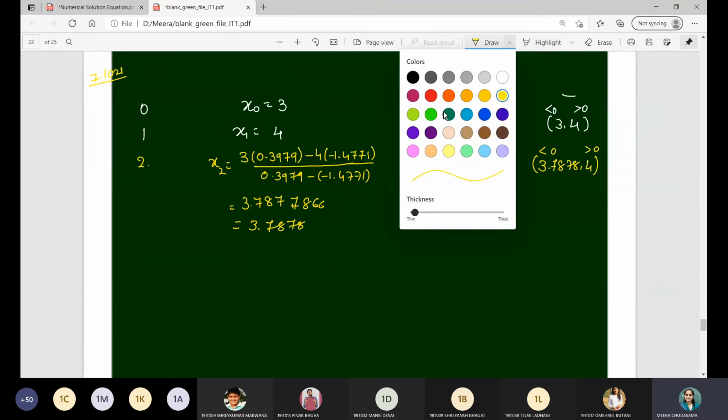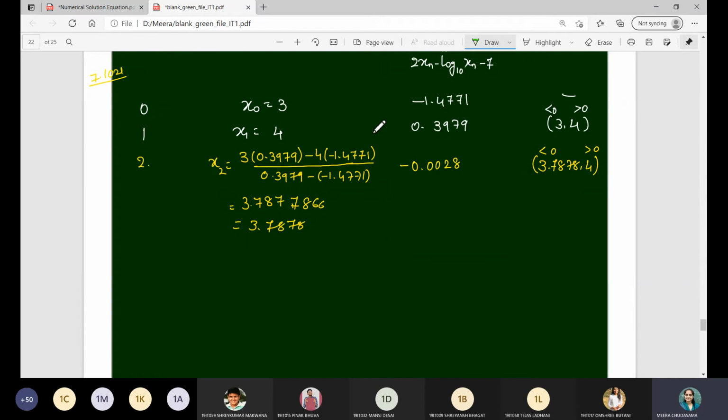So now the next iteration, x3, which corresponds to this point and x0. So this into this minus this into this.